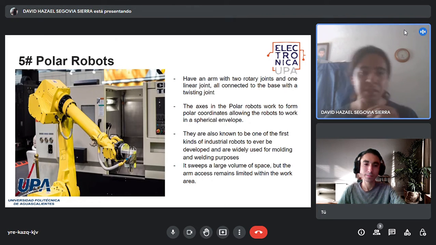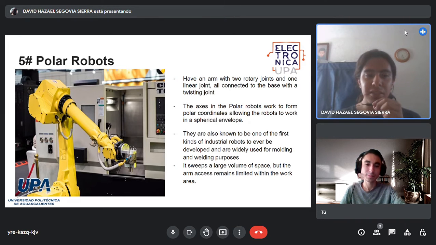Now, the polar robots. The characteristics of the polar robots is that they have an arm with two rotary joints and one linear joint, all connected to the base with a twisting joint. Another characteristic is that the axes in the polar robots work to form polar coordinates, allowing the robots to work in a spherical envelope.